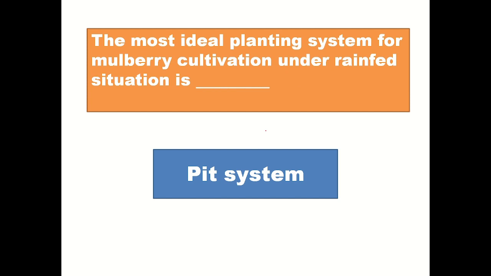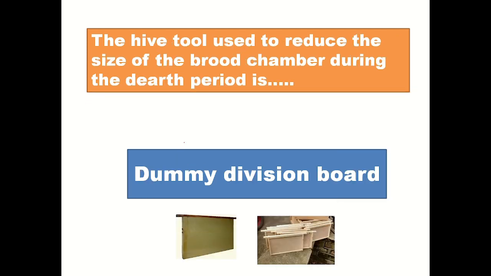The most ideal planting system for mulberry cultivation under rain-fed condition is the pit system. The hive tool used to reduce the size of the brood chamber during the dearth period is the dummy division board.